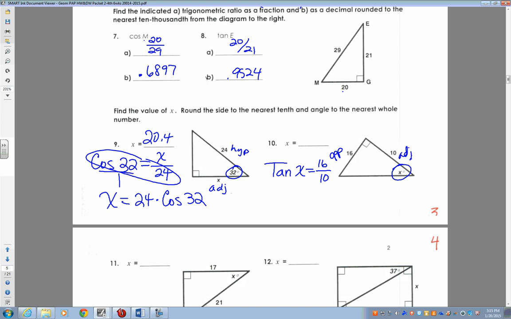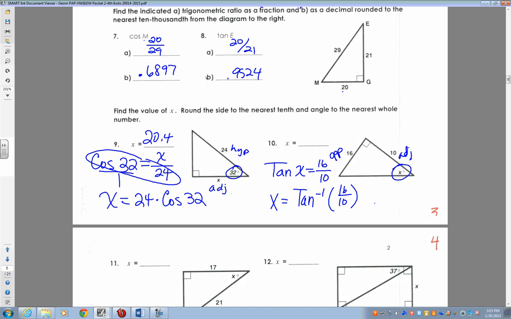Now, because x is the angle that we're trying to find, we have to now use the inverse like we did before. Okay, so if x is inside the triangle and that's the value you're trying to find, you use the inverse to solve it. Now this is what you would write. X equals tan inverse of just 16 over 10. And this is what we'll put into the calculator.